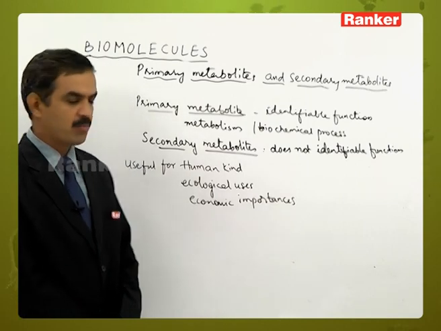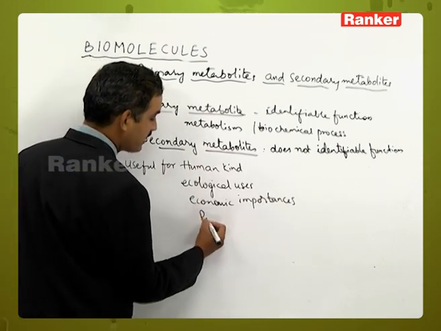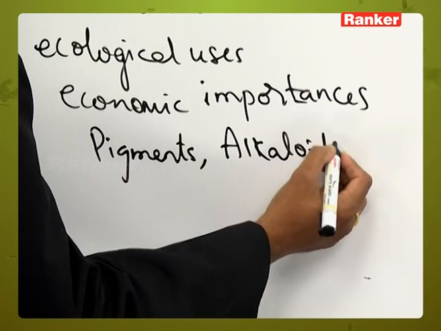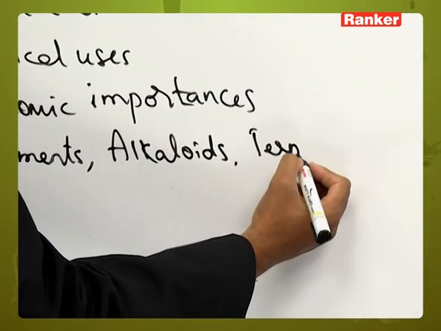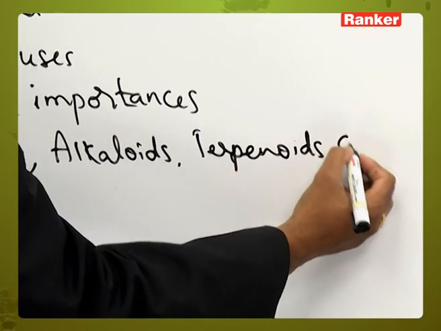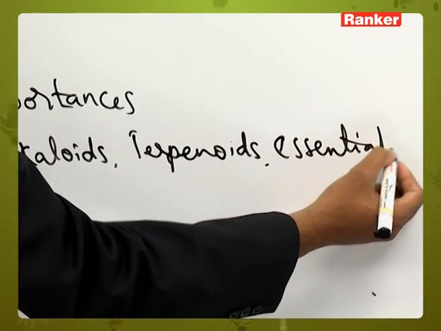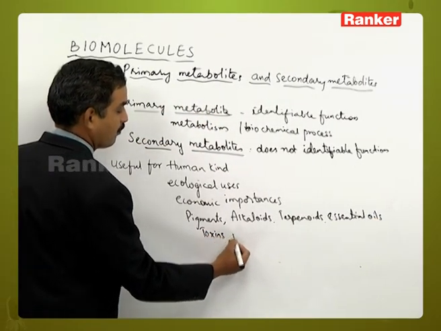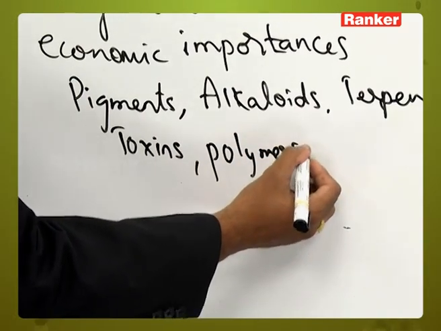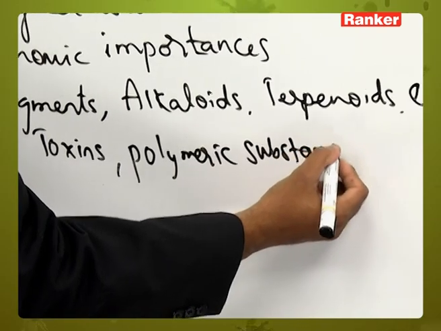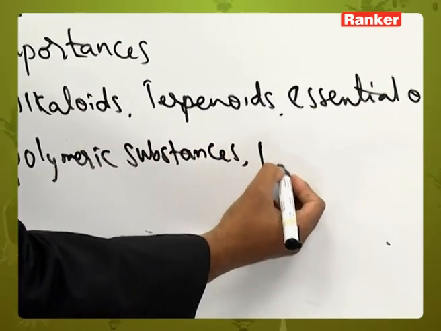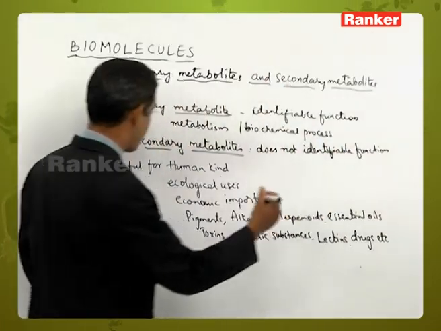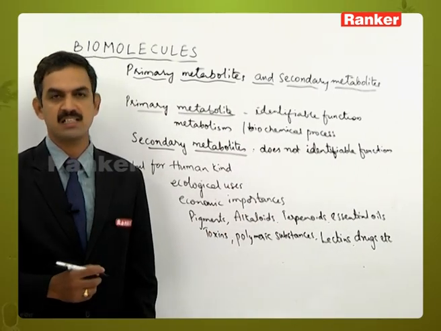Here various types of secondary metabolites are there, like pigments, alkaloids, terpenoids, essential oils, toxins, polymeric substances, lectins, drugs, etc. All these are part of secondary metabolites which have been synthesized inside the plant cells.